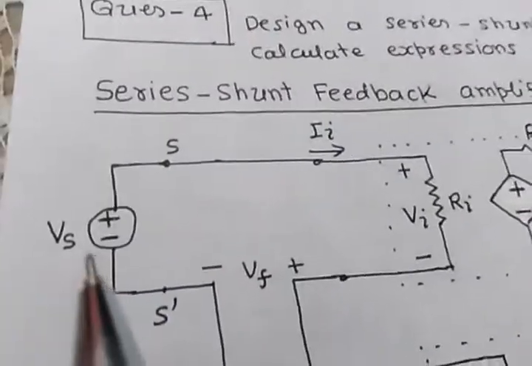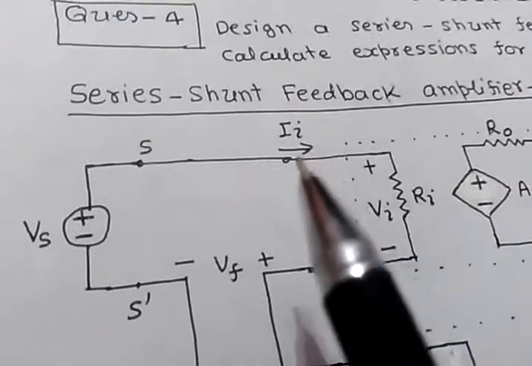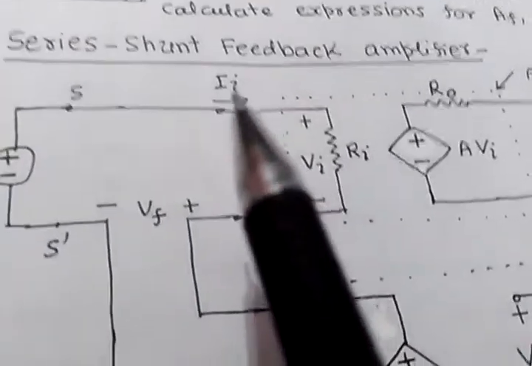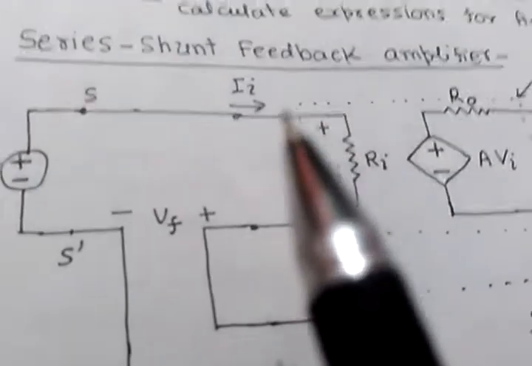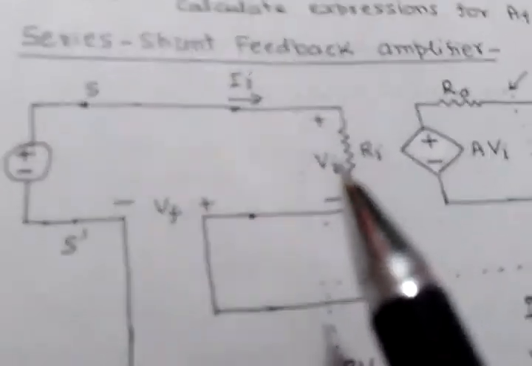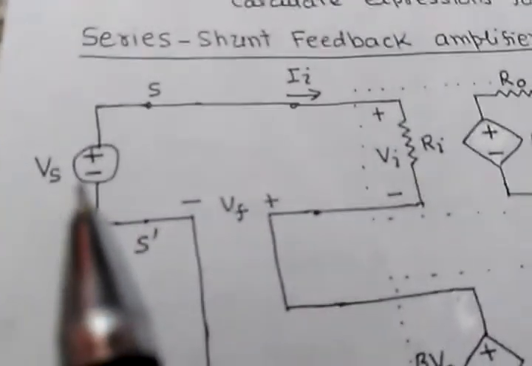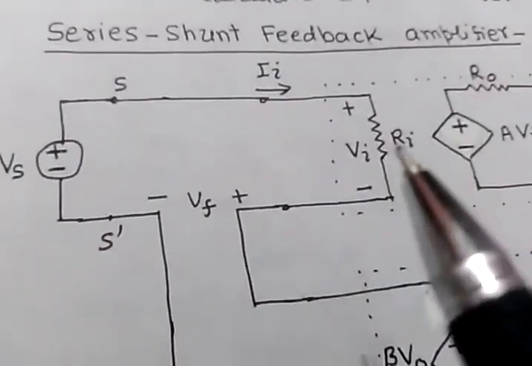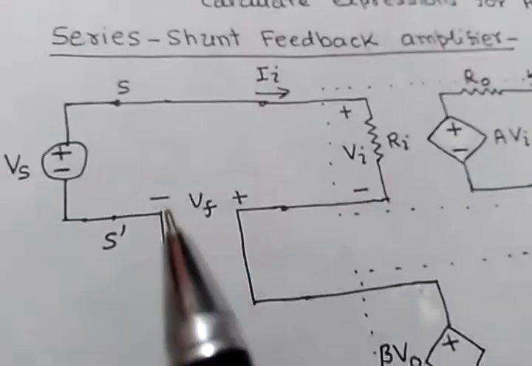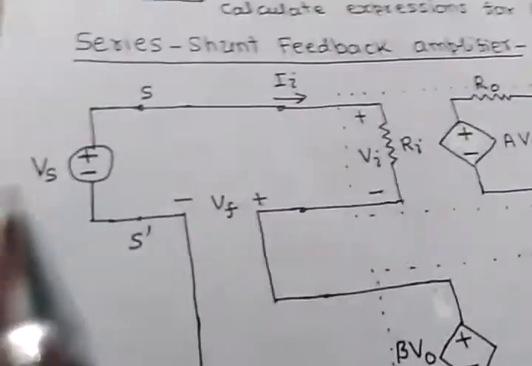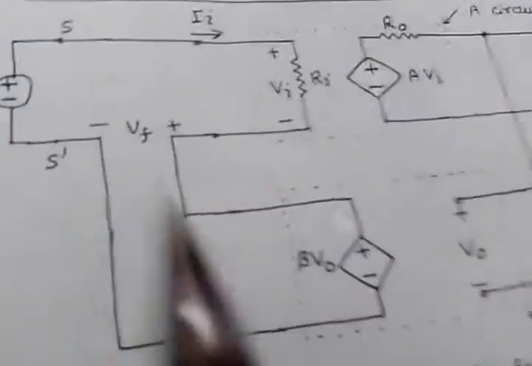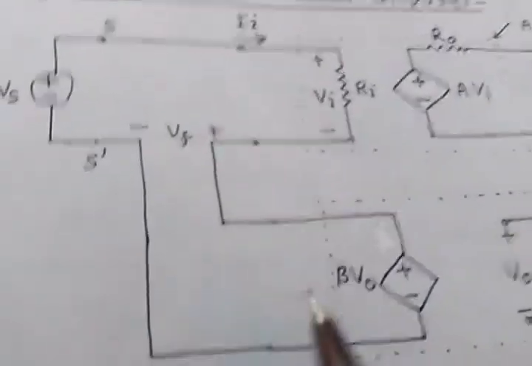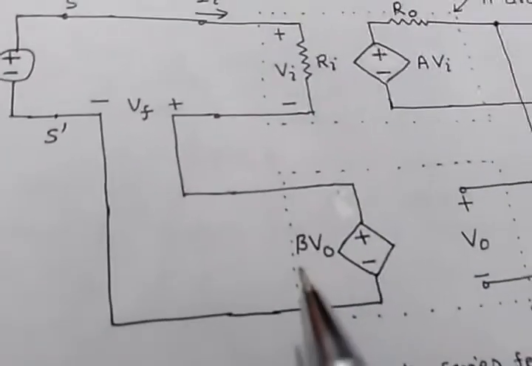So RIF will be Vs upon Ii, and we can calculate Ii as Vi upon Ri because the same current will flow through this resistor. And see another thing, Vs can be written as Vi plus Vf. Using KVL, we can write Vs equals Vi plus Vf, and at the place of Vf we can write beta Vo.